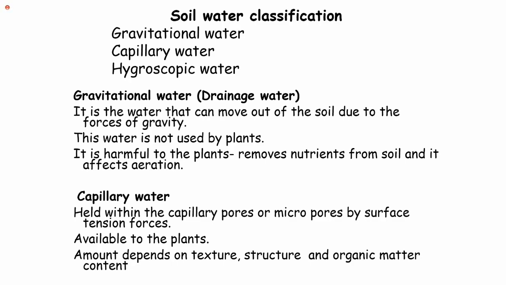For example, clay soil will have more capillary water because it has more micropores. And if you take structure, can anyone tell which kind of structure will have more capillary pores? You have studied different types of structure.